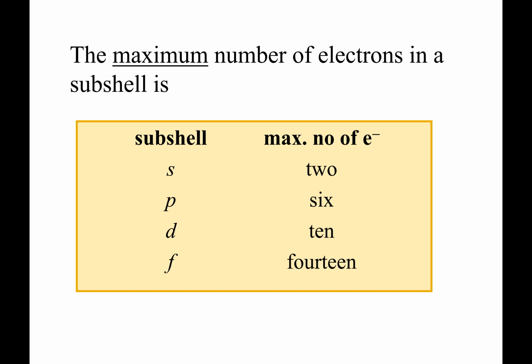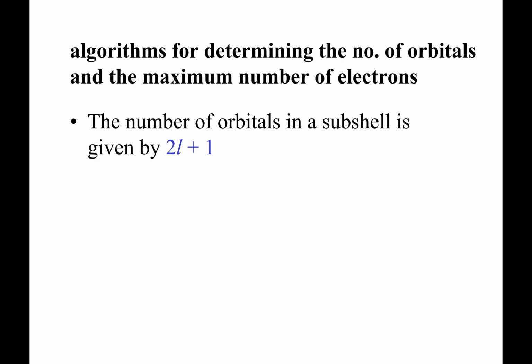And those numbers, the 2, 6, 10, and 14, those capacities, whether you write them down or you're visualizing them, are going to be important to carry into Friday's discussion on how we place electrons as they're associated with an atom.